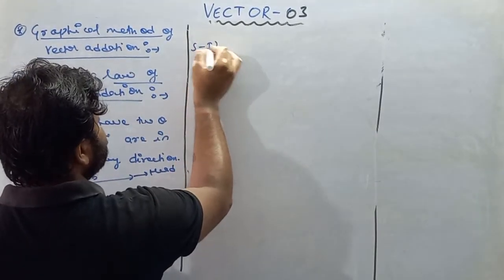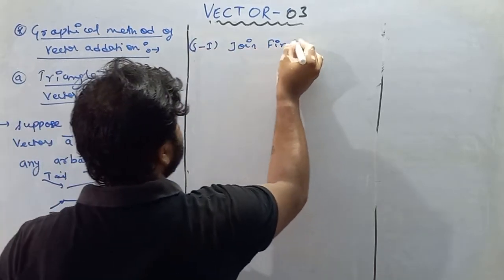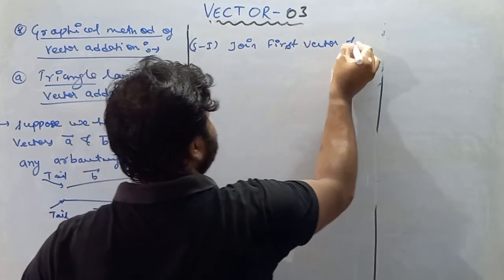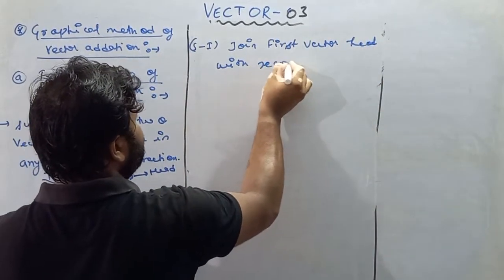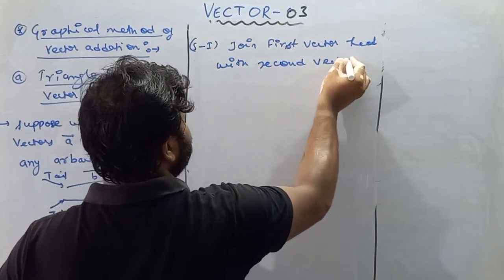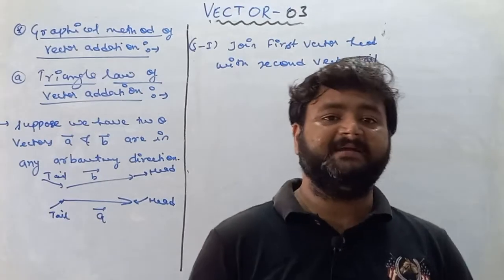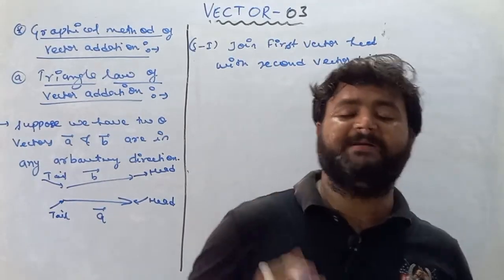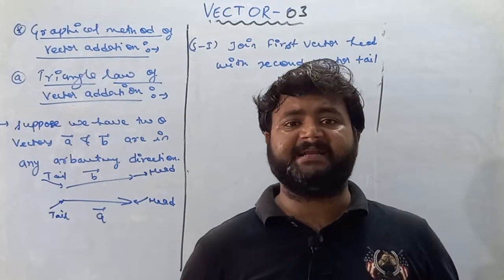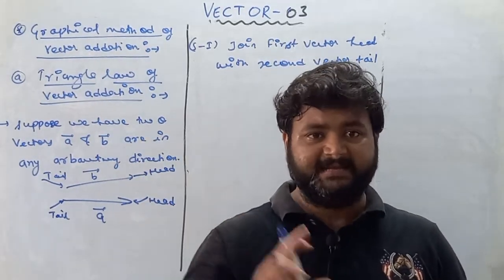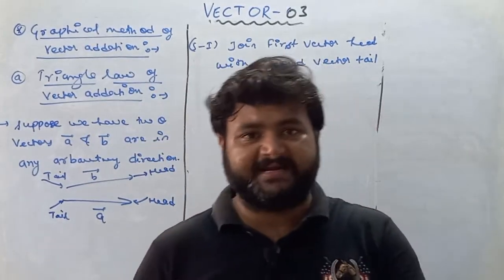First, step 1: join the first vector head with the second vector tail. This type of joining is considered the formation of regular vectors. See, if you join one vector head with the second vector tail, then both vectors are considered regular vectors.